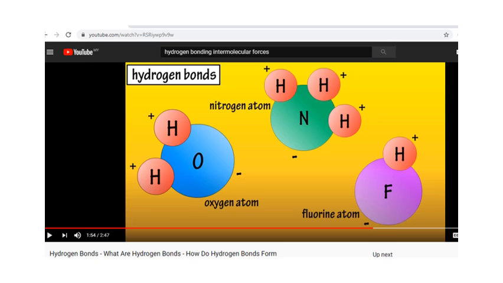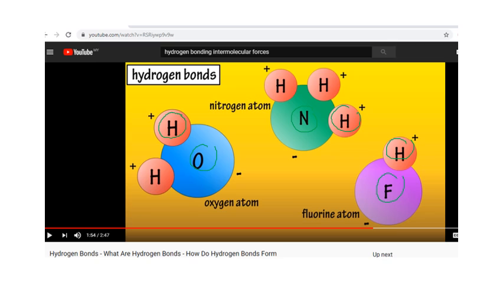This slide is just a quick review to recall how hydrogen bond can be formed. Hydrogen bond can be formed when in the molecule there is hydrogen directly attached to fluorine, oxygen or nitrogen.